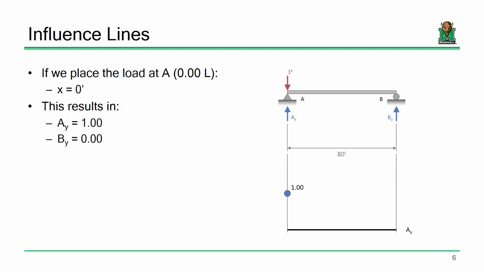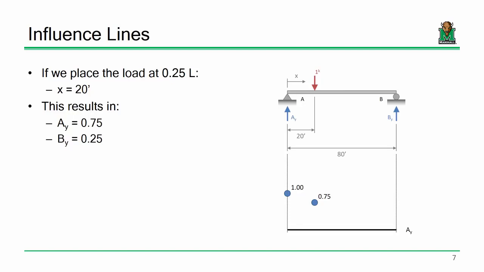Okay? Now let me skip ahead to something a little more basic. Let's say I take that load and I put it smack dab in the middle of the beam. So if I take one kip and put it right here, half that load's going to go over here, half that load's going to go over here, right? So my influence line value at x equals 40, or at midspan, is going to be 0.5. Make sense? And it's going to be linearly proportional.